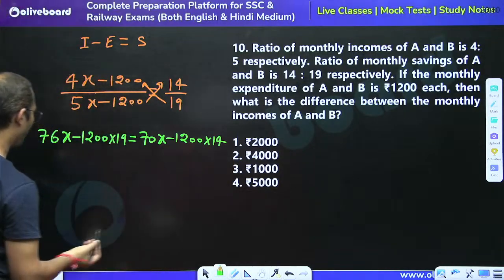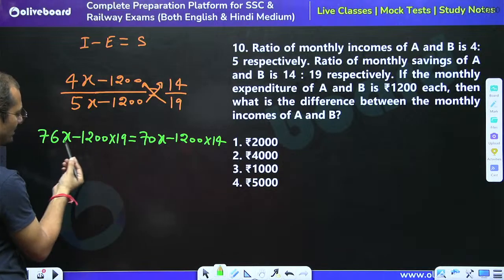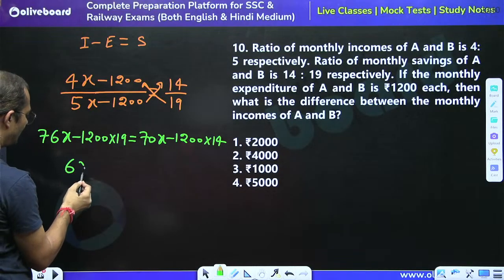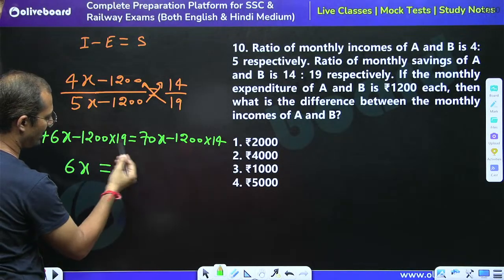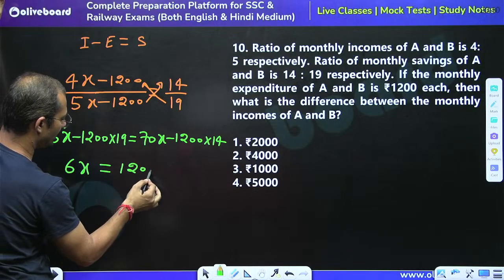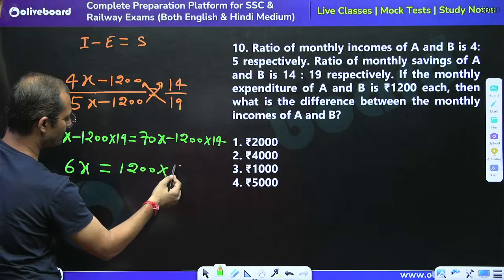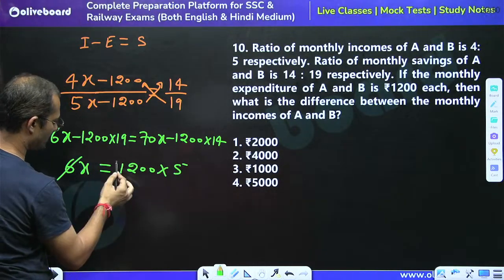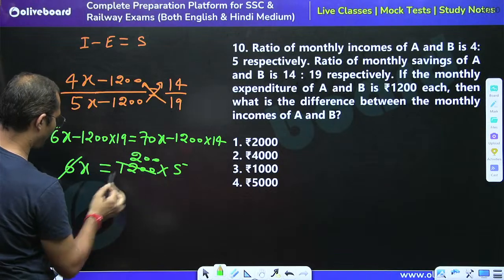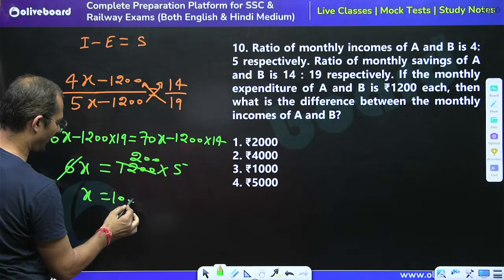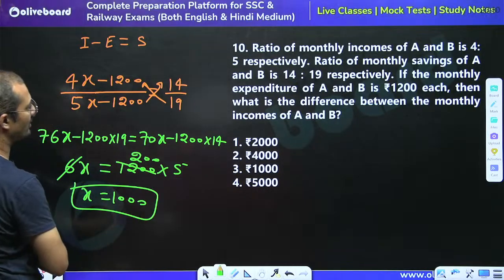Got it? So taking x to the left side, this will become 19x, and taking 1200 common, 19 minus 4 would be 15. So here x is equal to 1000, right? X is equal to 1000.